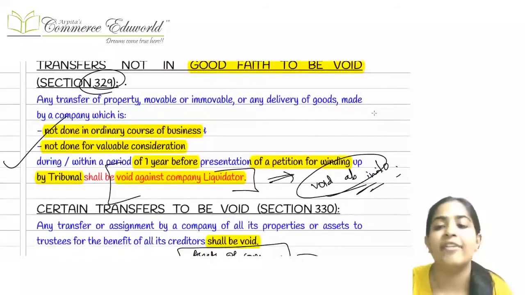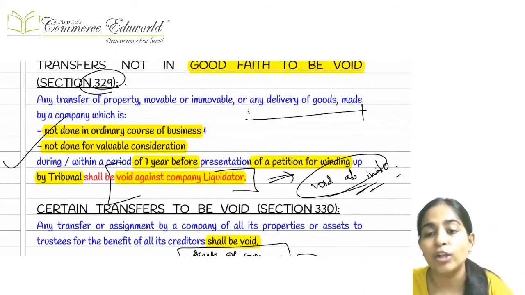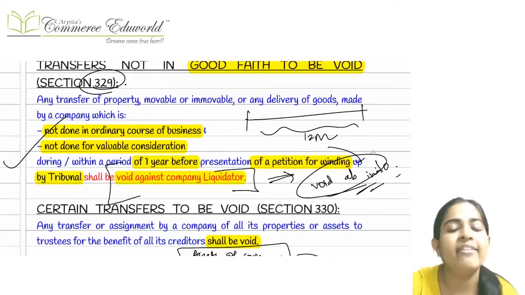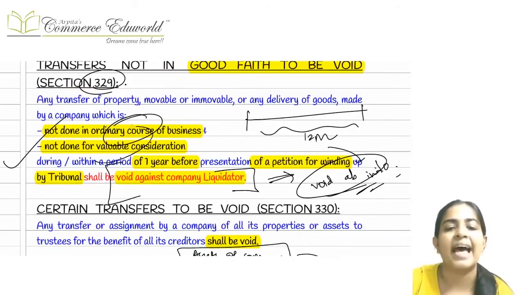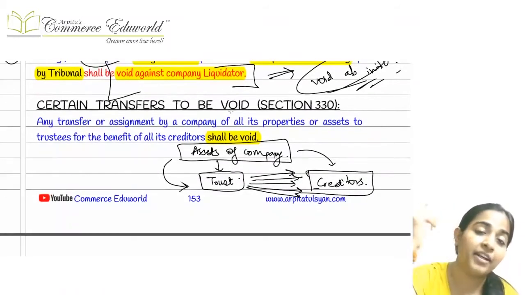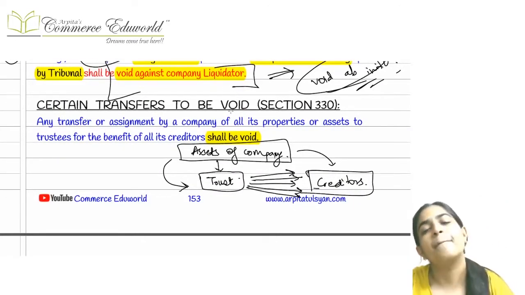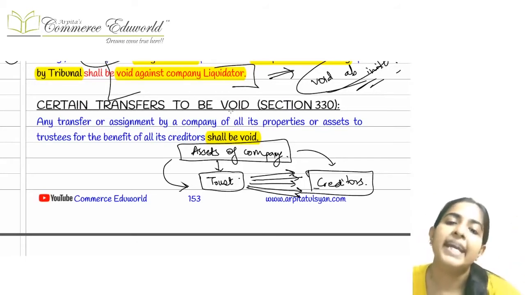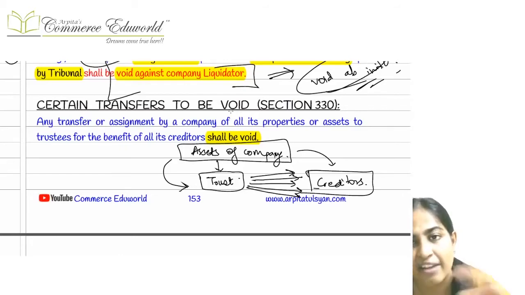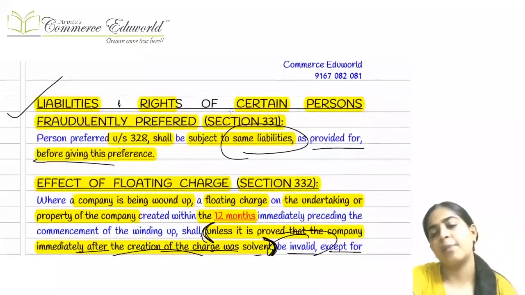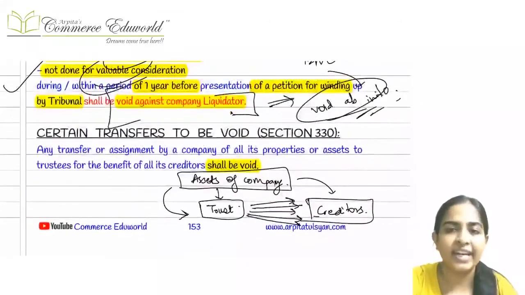But the company liquidator can treat all those transactions which were done during the last 12 months as void ab initio if they were not done in the ordinary course of business, and if they were not done for a valuable consideration, then the transaction becomes void against the company liquidator. That is, the company liquidator will treat the transaction as void ab initio, as if the transaction has never ever happened.